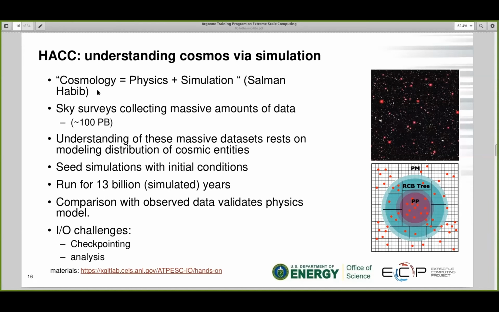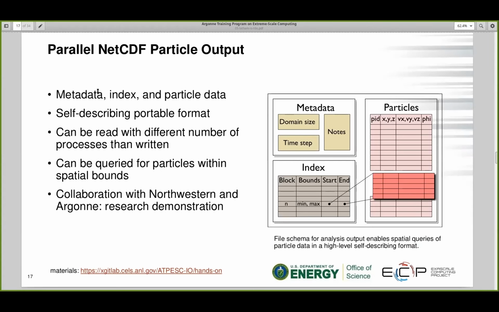These simulations are literally modeling everything. We start off with initial conditions and a few physics models, then run for 13 billion years and see how this looks. In this case, there were something like 2 billion particles trying to capture the state of the universe. And writing that into parallel NetCDF is a little bit harder.